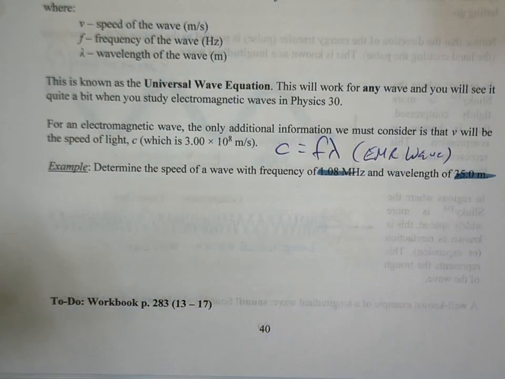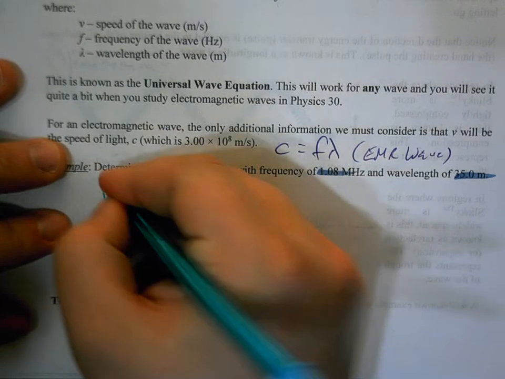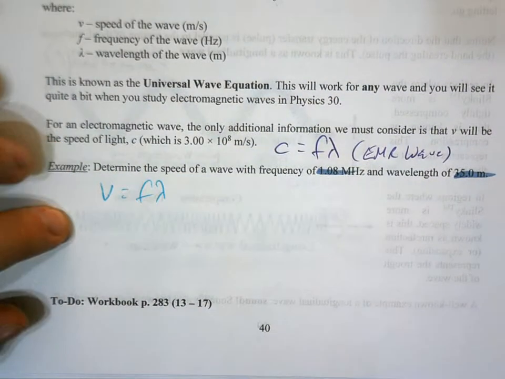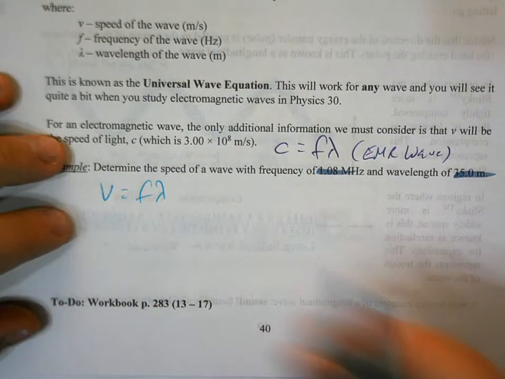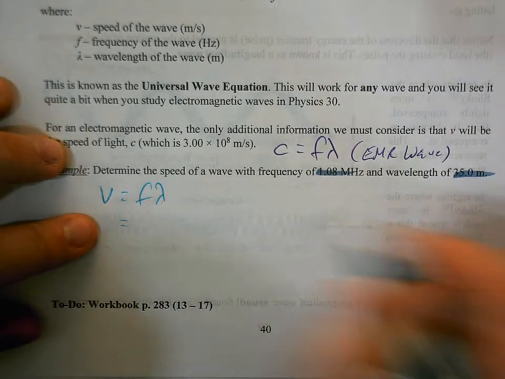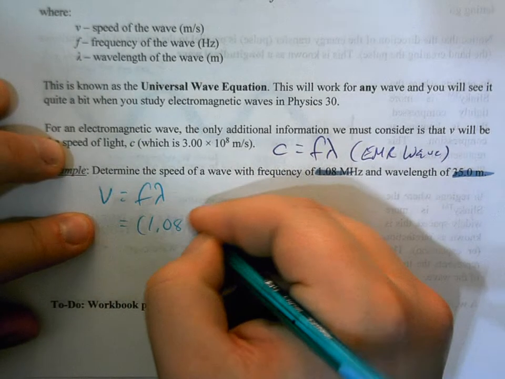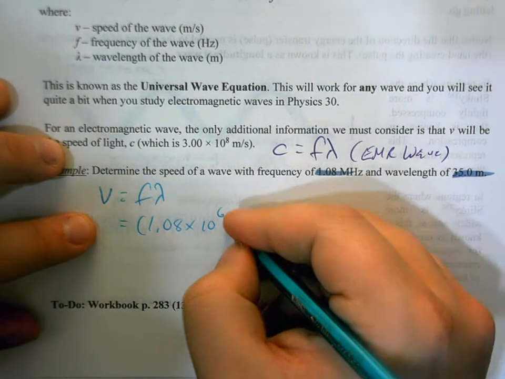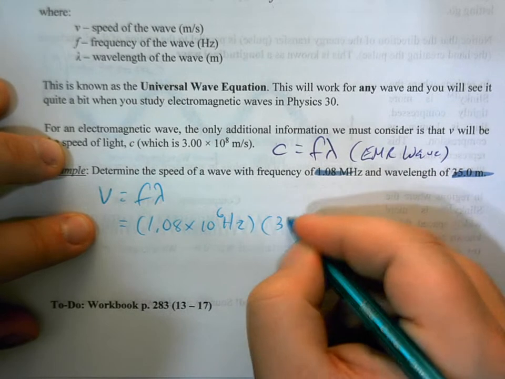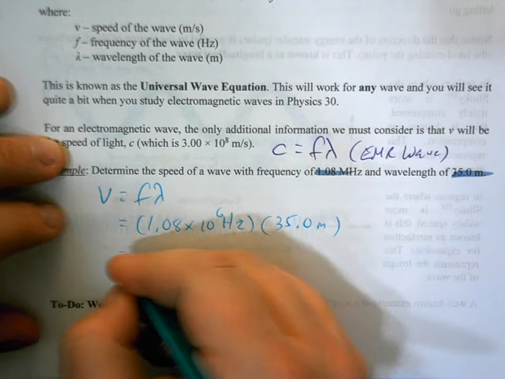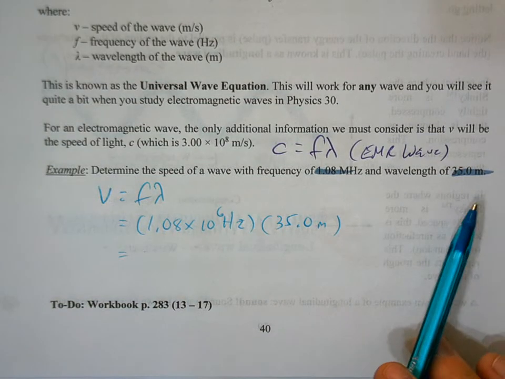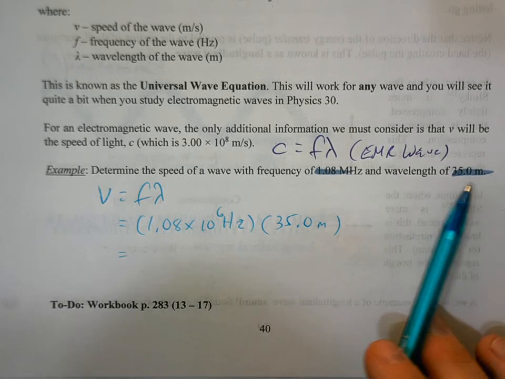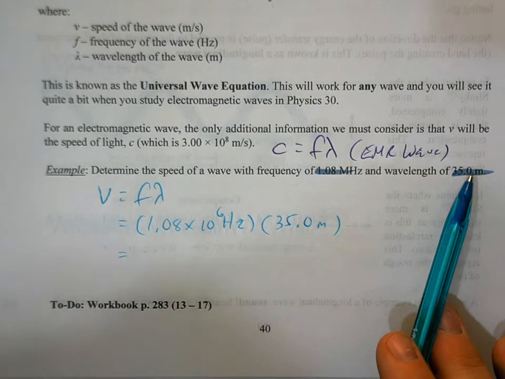All right. So we have our universal wave equation. We know v is equal to f times lambda. We don't like the megahertz, but we know mega is 10 to the 6. So the frequency is 1.8 times 10 to the 6 hertz, and we have a wavelength of 35.0 meters. So this is probably some type of radio wave, just based on the frequency and the wavelength given.